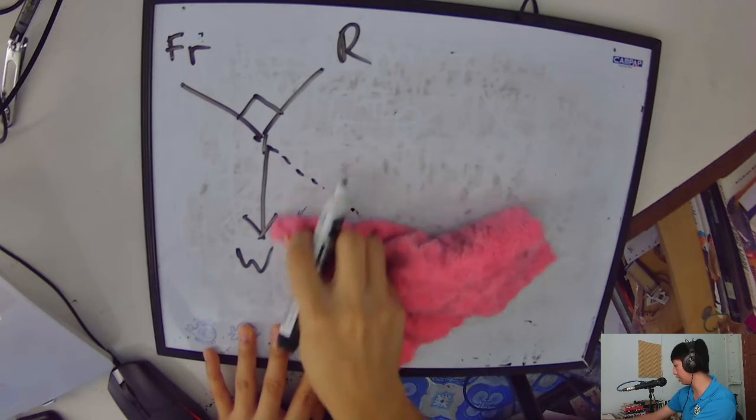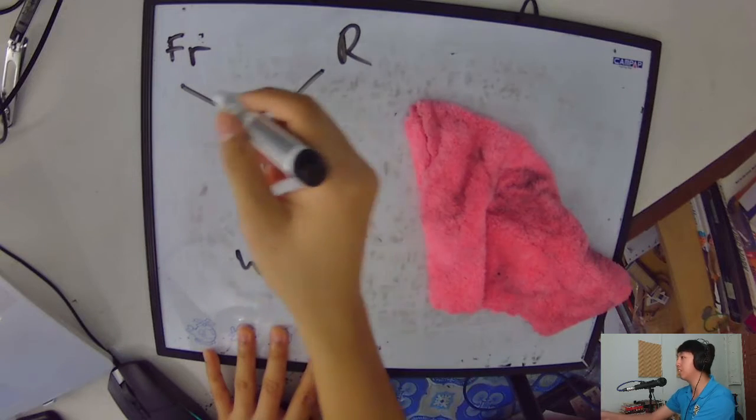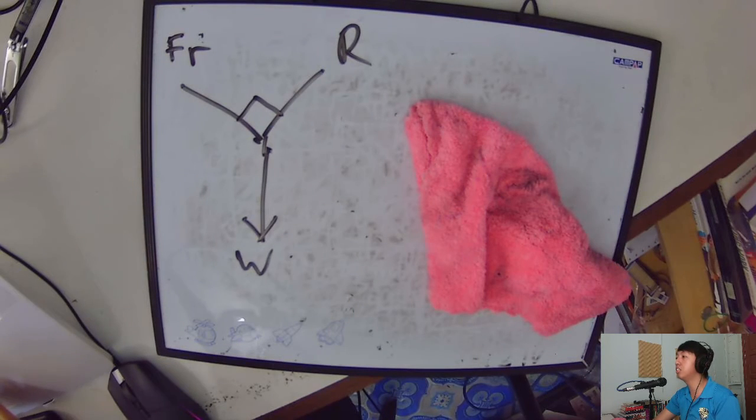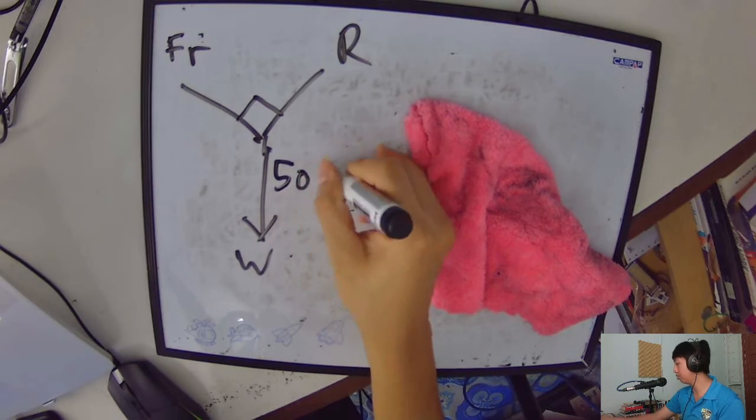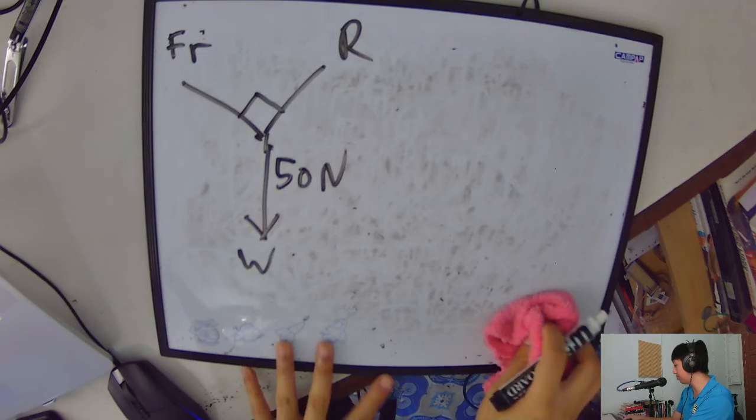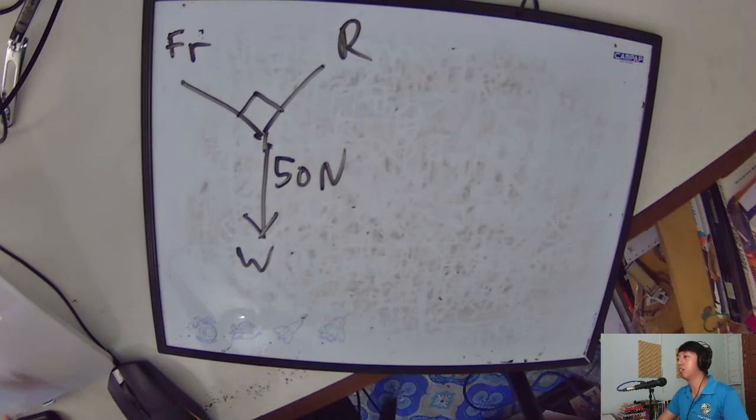But you don't even need to write that in. You just need to write this. And if you wanted to write down the values, the only value given is that weight equals 50 newtons. That's the only value given in the question.